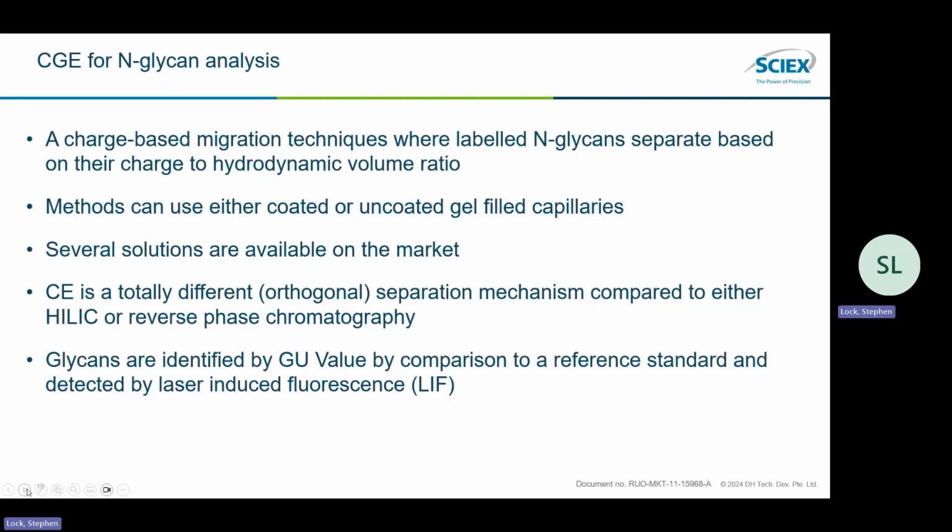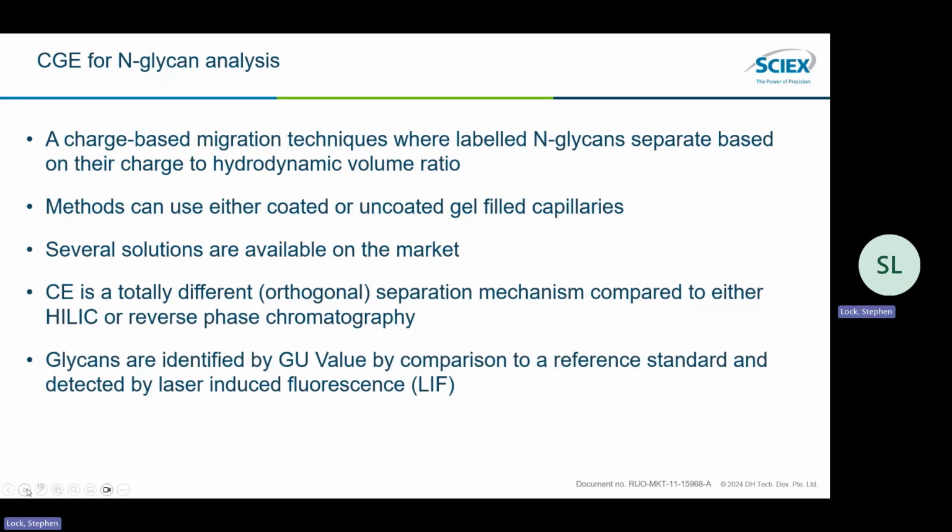Typically, when you use CGE, you can use either coated or uncoated gel-filled capillaries. In this case, we don't use particles to do the separation, we use a gel. So we pass the labeled N-glycan sample through a gel, which then causes the separation of the N-glycans in the applied field.